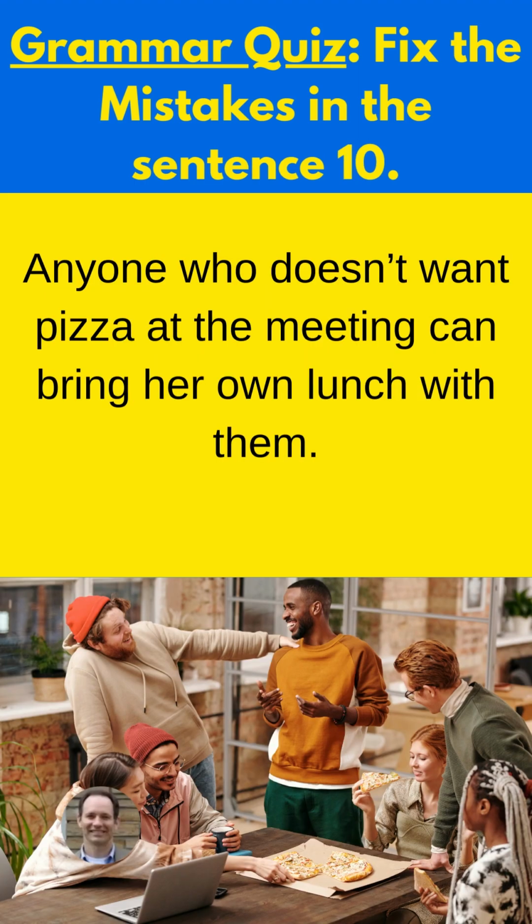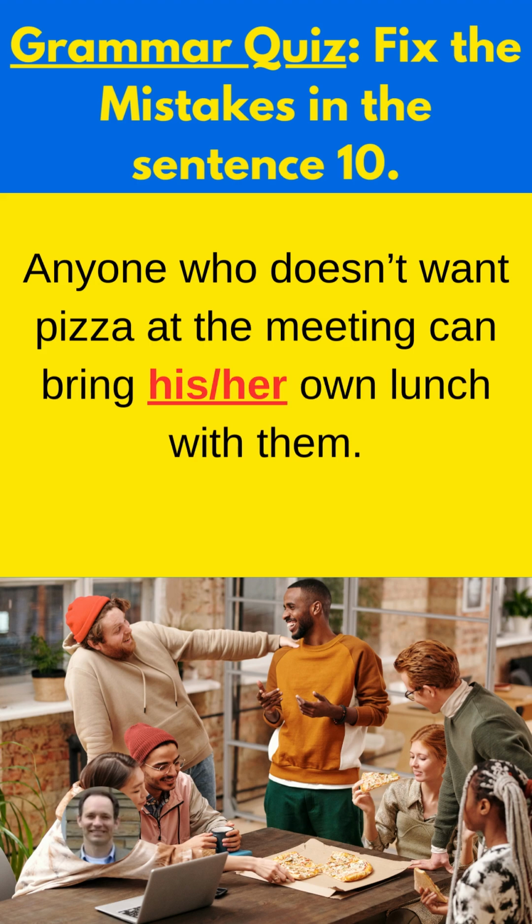Fix the mistake in the sentence. Anyone who doesn't want pizza at the meeting can bring her own lunch with them. The problem is probably with her. Maybe if it's just a group of women, then this would be true. But if we say anyone and we mean both men and women, then her own lunch doesn't work. We could say can bring his or her own lunch with them.